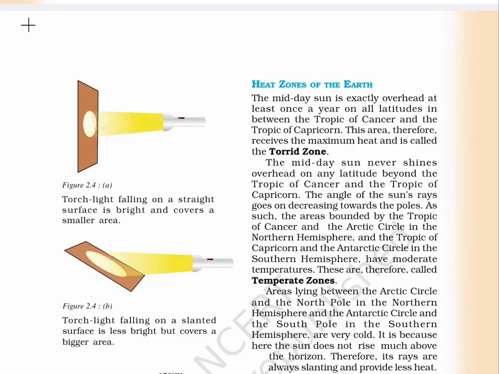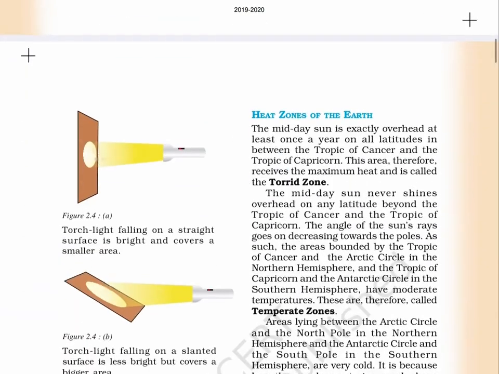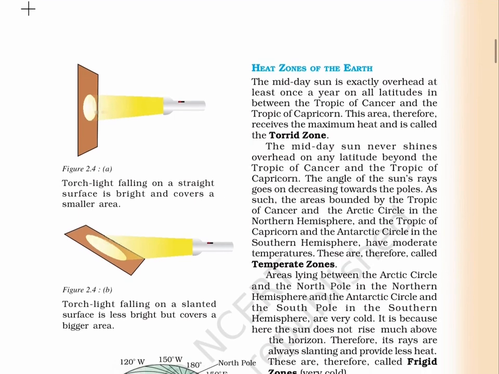Heat zones of the Earth. The midday sun is exactly overhead at least once a year on all latitudes in between the Tropic of Cancer and the Tropic of Capricorn. This area, therefore, receives the maximum heat and is called the torrid zone. The midday sun never shines overhead on any latitude beyond the Tropic of Cancer and the Tropic of Capricorn.